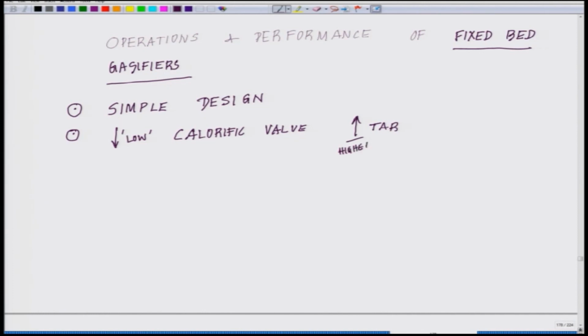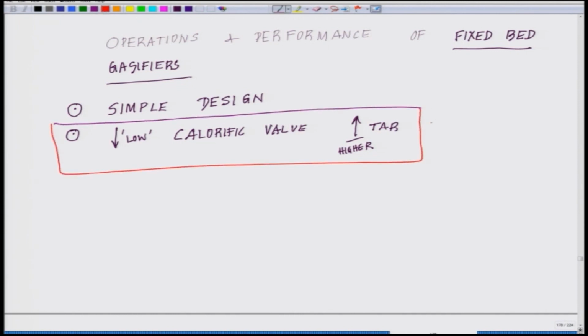This part I am boxing, because this is a challenge, and there is a lot of work going on to improve upon it. Obviously, how could we increase the calorific value, and how could we reduce the tar? This is the most fundamental challenge you face in these fixed bed gasifiers.